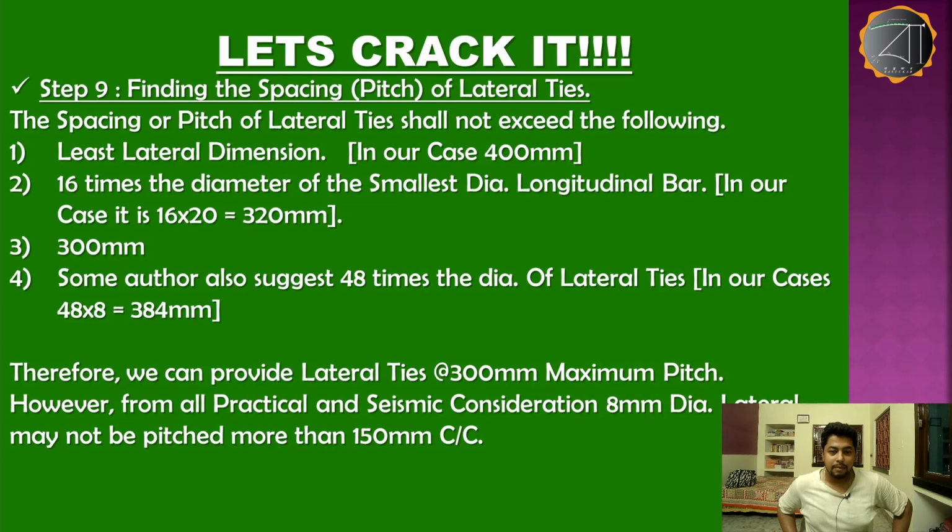Secondly, 16 times the diameter of the smallest dia longitudinal bar. In our case, it is 16 multiplied by 20, as we are using the same dia longitudinal bar. So, we do not have a choice, but if we used 16 mm and 20 mm, then in this case we have to take 16 mm for this criteria number 2, the smaller dia bar. Okay. Because we want the pitch or the spacing to be minimum.